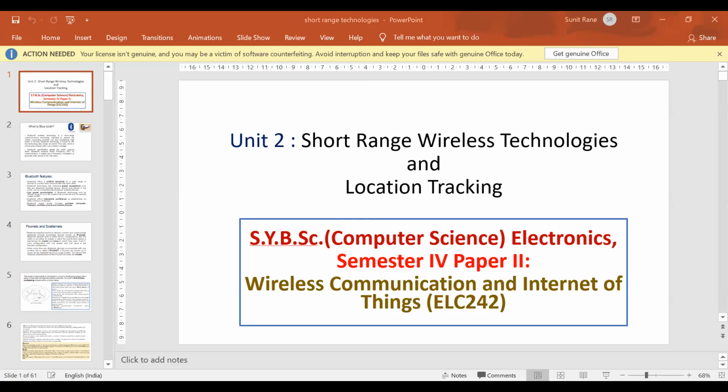So two things we are going to study in this chapter: short range technologies like Bluetooth, Zigbee, Z-Wave, and RFID, and the location tracking technology, which is GPS. That also we are going to study in this particular chapter. Okay, so let us start with this.